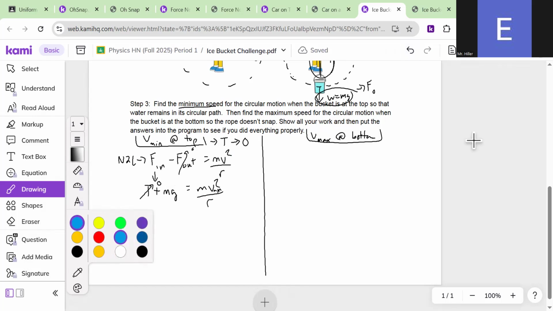Notice that the masses will divide out on either side, and this equation very much simplifies to g equals v min squared divided by r. So solving for v min, you can see we have to multiply by r, okay, and then square root. So v min would be the square root of gr.